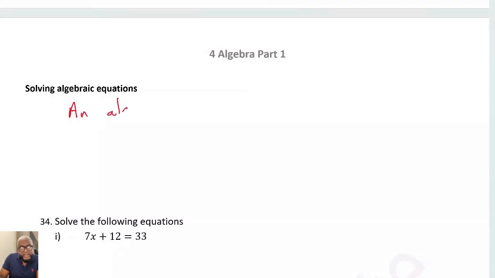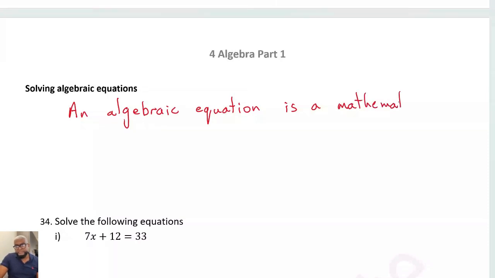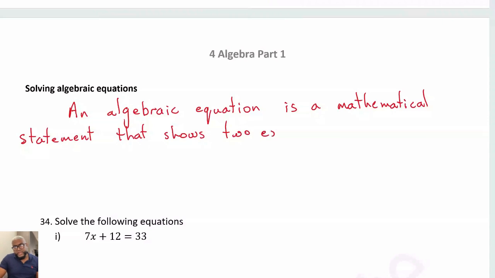So an algebraic equation is a mathematical statement that shows two expressions are equal.